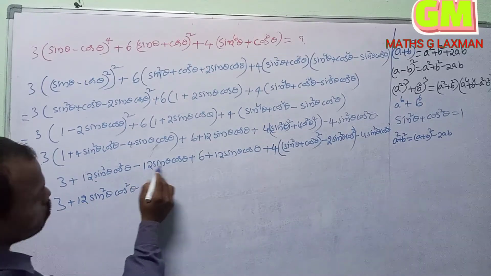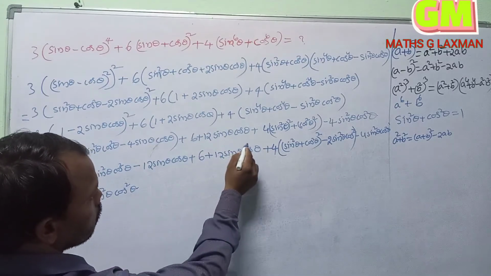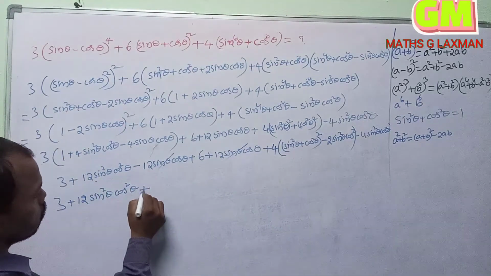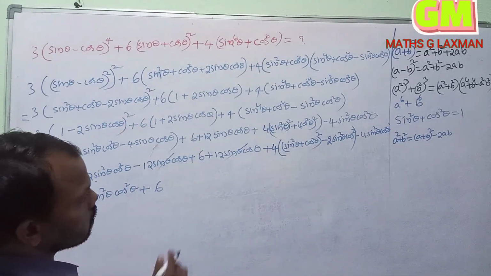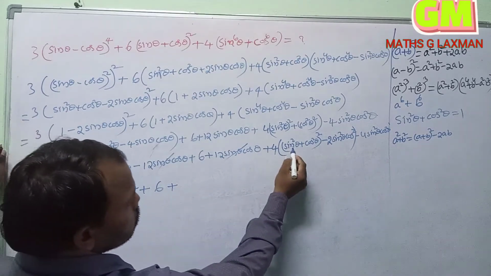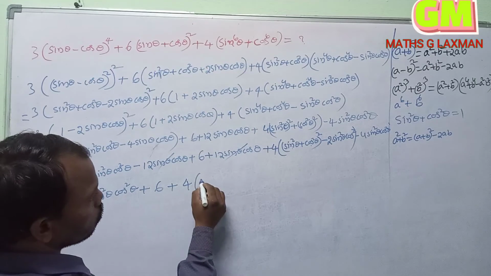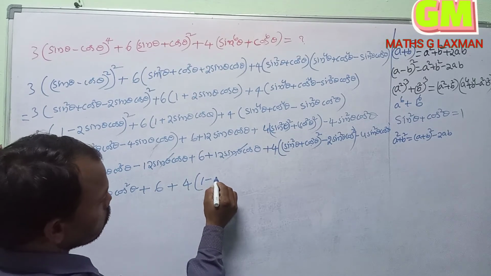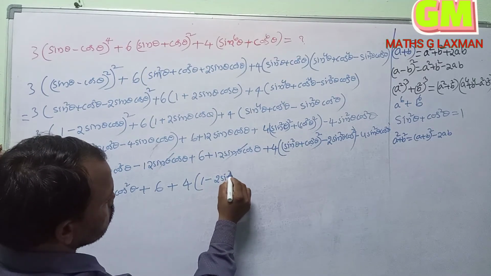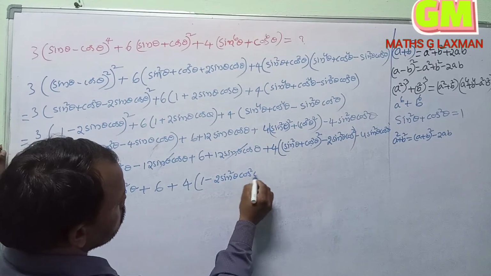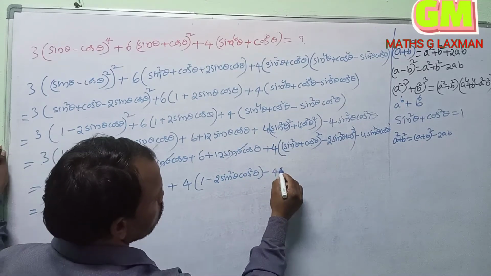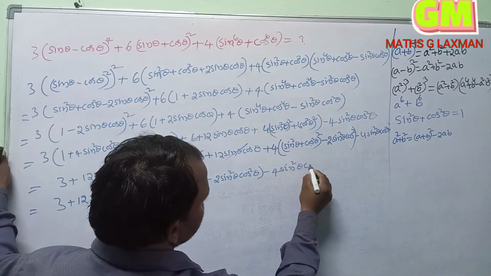So this is minus 12 sin θ cos θ plus 12 sin θ cos θ will be cancelled. So your leftover is 6, plus sin²θ + cos²θ is 1, so 4 into (1 − 2 sin²θ cos²θ) minus 4 sin²θ cos²θ.